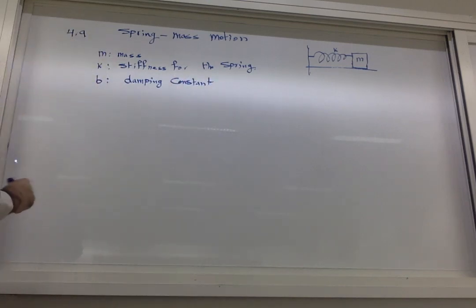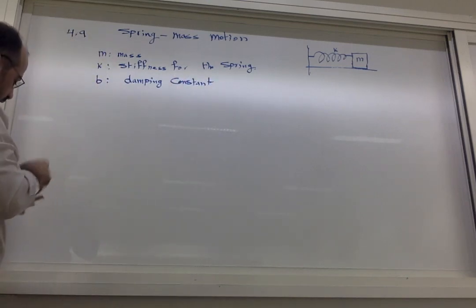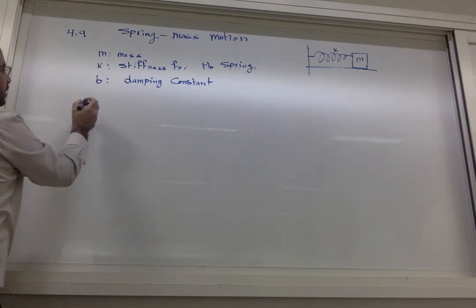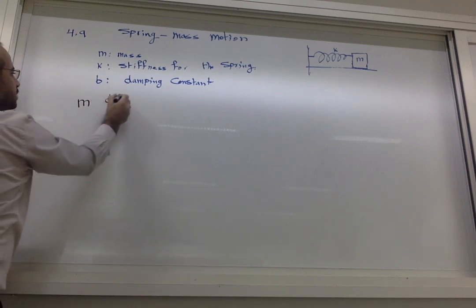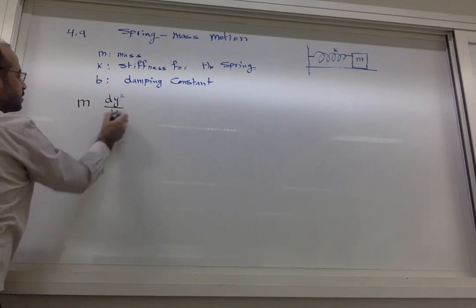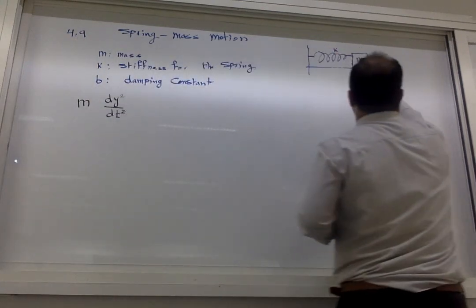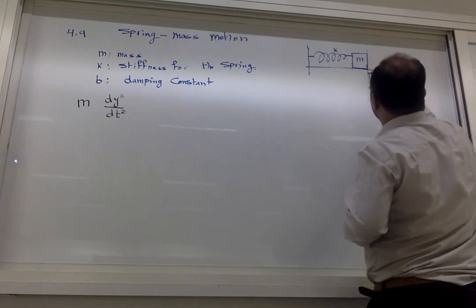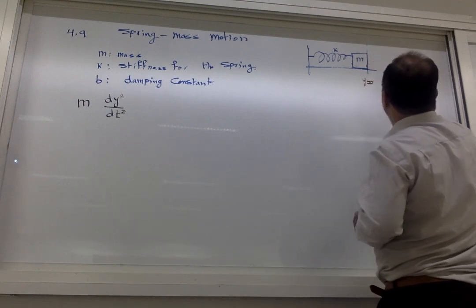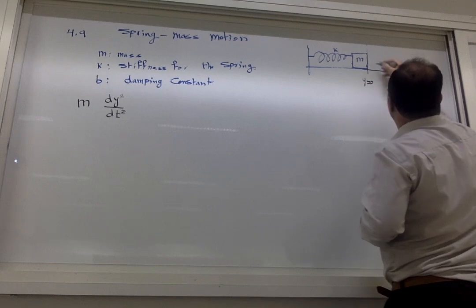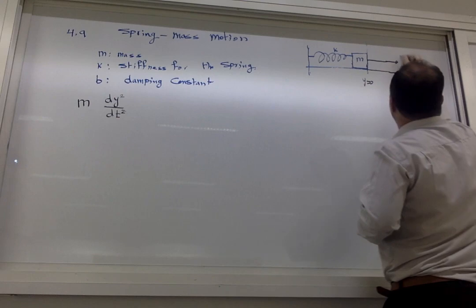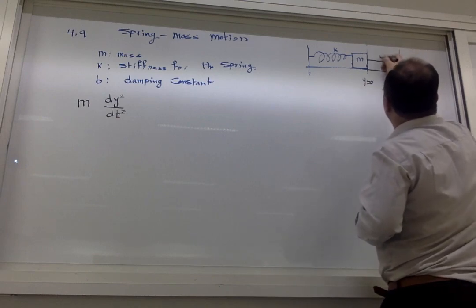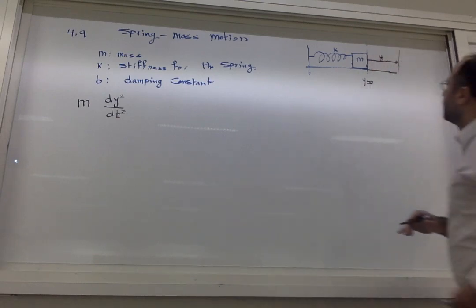Then the spring-mass motion will satisfy the following second order differential equation, which says mass times acceleration, d squared y over dt squared. What is y? Just to tell you, if this is y equals 0 here, then you are stretching, say up to here, then y is this displacement.